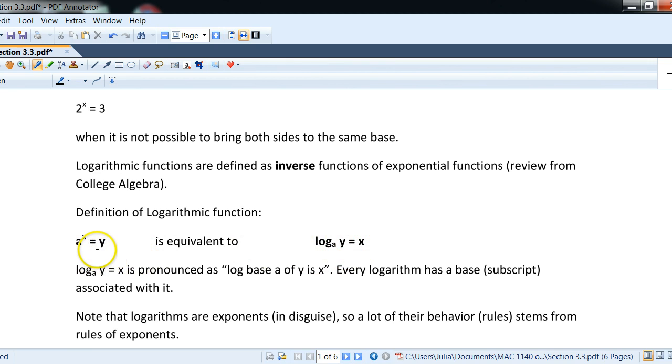The answer in this equation is equal to the exponent x. So this is the way to bring the exponents down if we define them as logarithms. We read it as log base a of y is x.